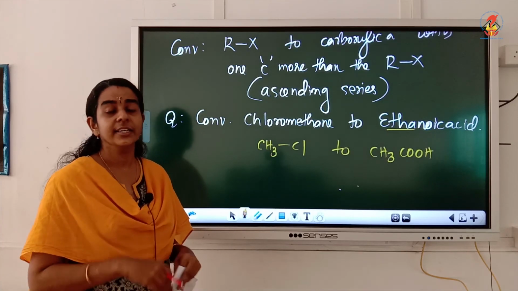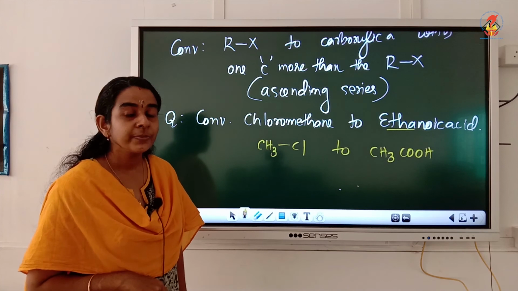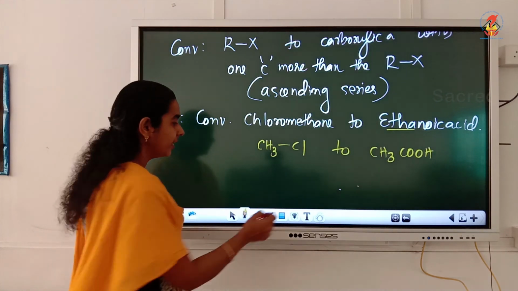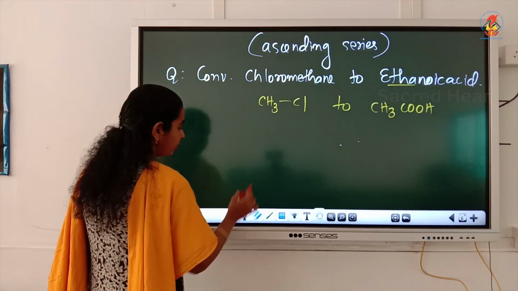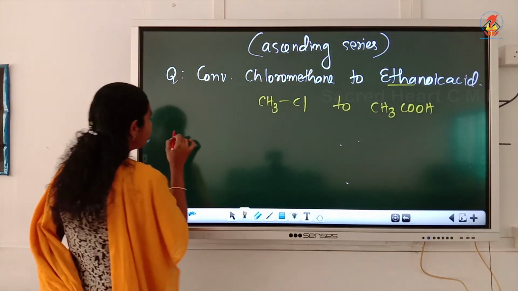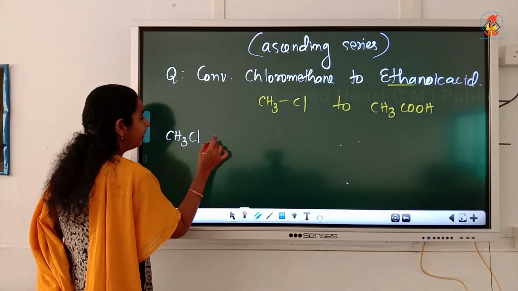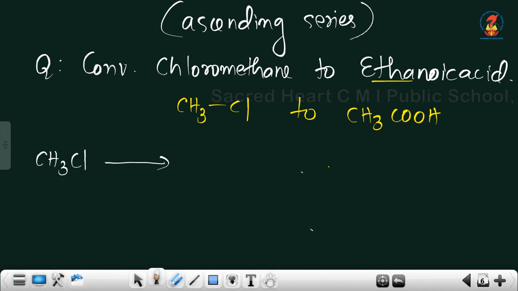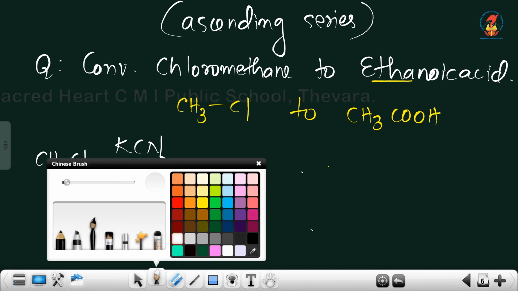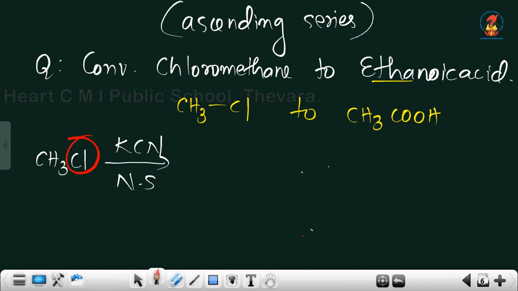Ascending series, so we can do it through cyanide hydrolysis. How can we introduce cyanide to this compound? The starting material should be CH3Cl. We know that on treatment with KCN, it will undergo a nucleophilic substitution reaction so that Cl will be replaced by CN. So we get CH3CN.